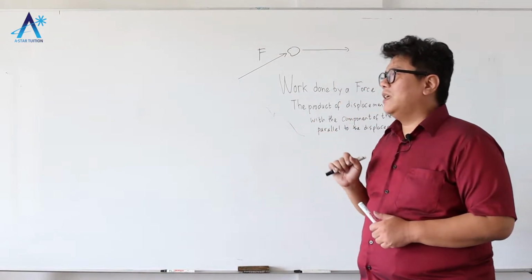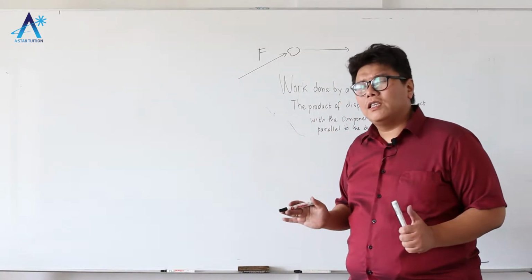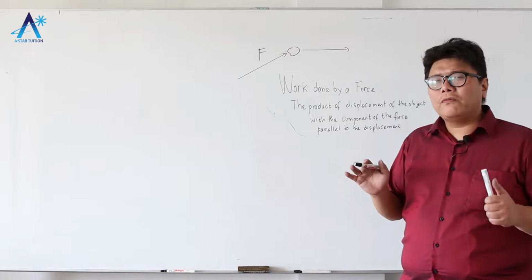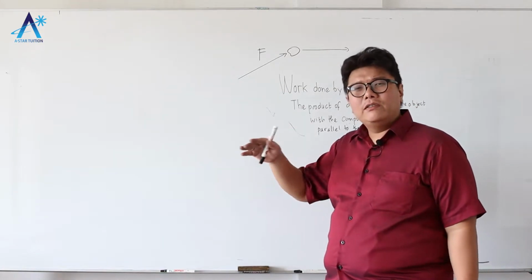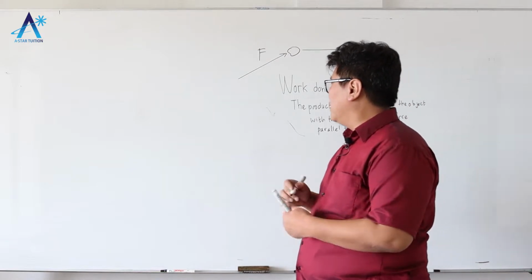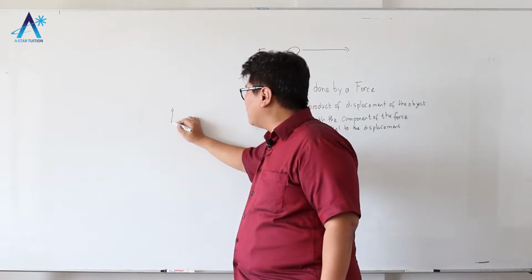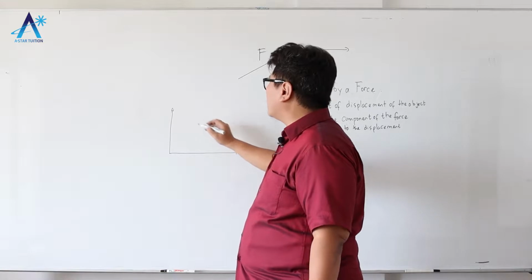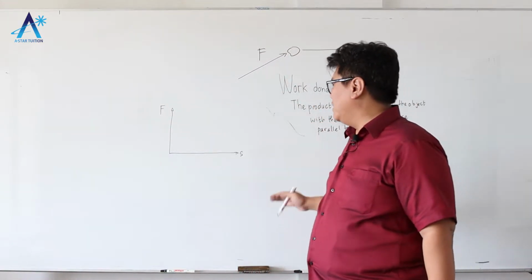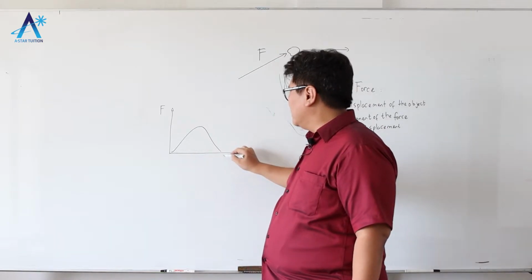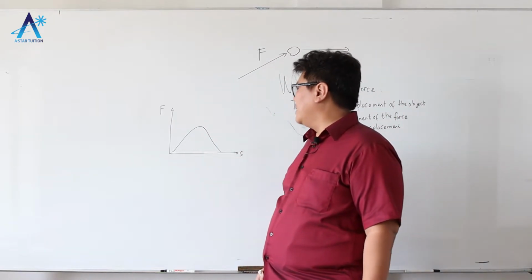Now in the previous case we assumed that the force is constant. However, when the force itself is changing as the position changes, then we can actually obtain a graph of force versus displacement, like this. This is an example.